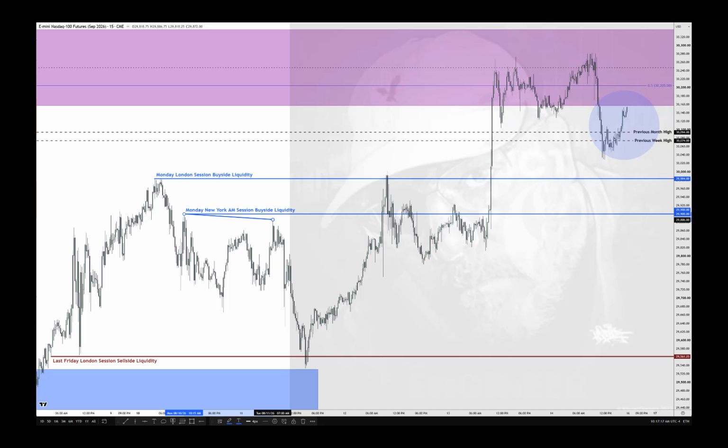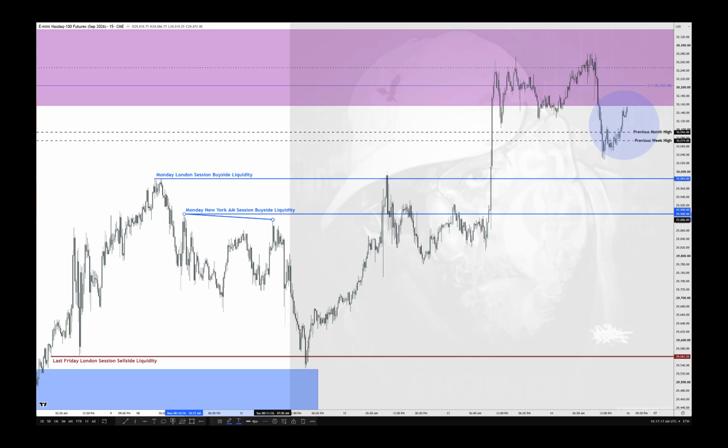They are literally roadmaps that tell you what these algorithmic moves are going to be like and how to anticipate them. So when we look at the entirety of the week through the lens of a 15-minute time frame, why 15 minutes? Because it's a bellwether time frame. It allows me to see everything. It gives me the full weekly range.